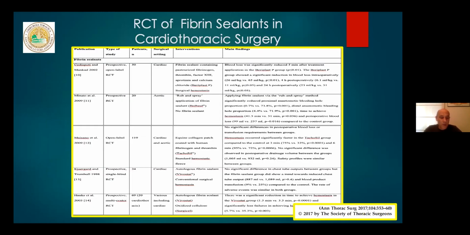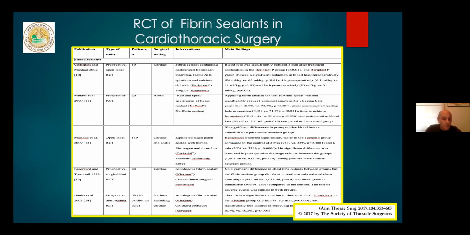Now let's talk about fibrin sealants, which contain fibrinogen and thrombin to aid in clot formation and are delivered as a liquid or patch and derived from three sources of fibrin: human pooled plasma, individual human plasma with bovine collagen and thrombin, and pooled human plasma with equine collagen.